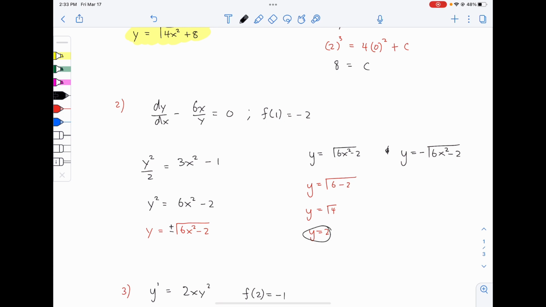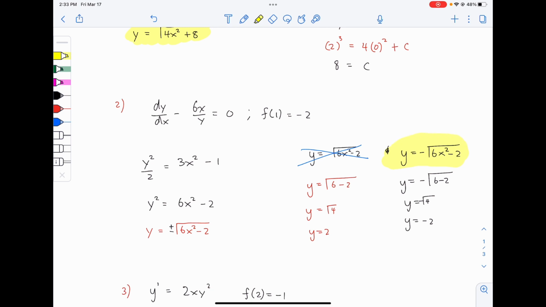But clearly, I only get 2 here, which means this function is not our solution. Whereas if we plug in 1 into the x, y is equal to negative square root of 6 minus 2, y is equal to negative root 4, and y is equal to negative 2. This is exactly what we want, meaning our only solution function is this.